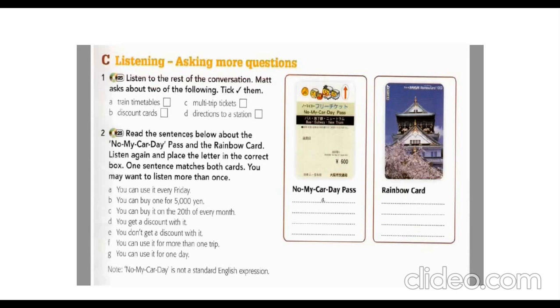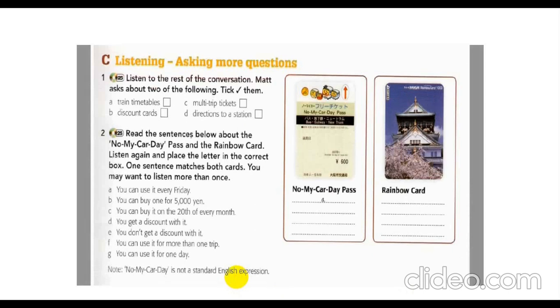Matt asks about two of the following: train timetables, discount cards, multi-trip tickets, directions to a station. When you listen, keep in mind that you will hear two of these. Pay attention to catching these two pieces of information.